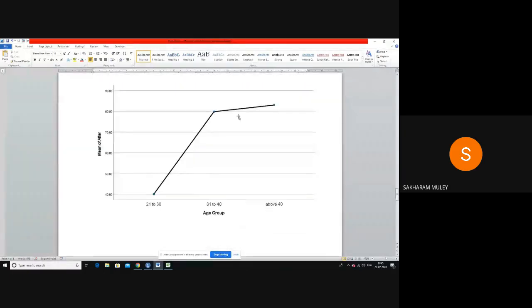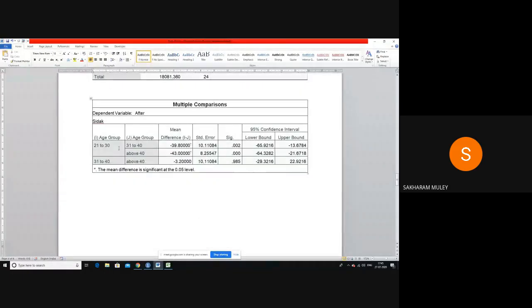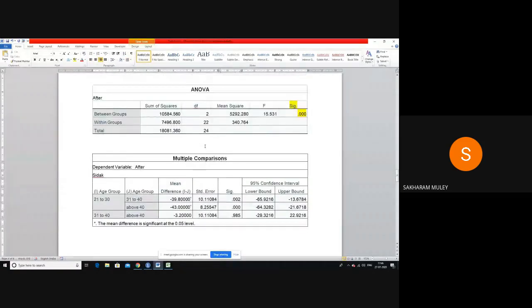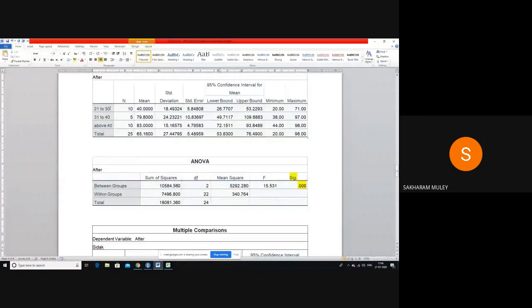Now, what does this multiple comparison say? When I compare the average score of group 1 against 31 to 40, the difference is significant. The average mark scored by group 1, that is 21 to 30, is 40, and the average mark scored by 31 to 40 is 79.8.